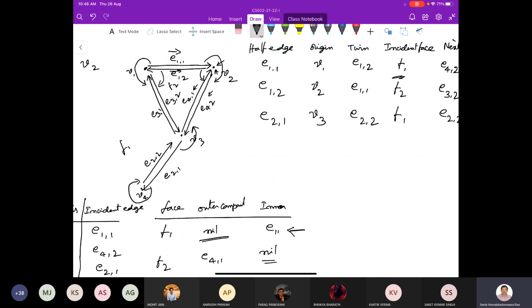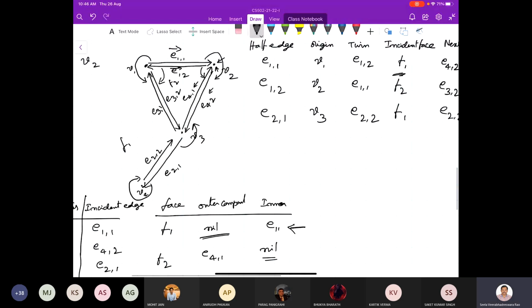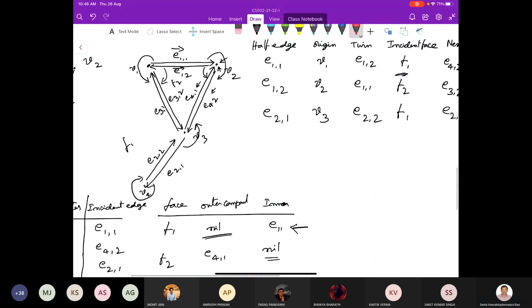There's no outer component, that means it is the open region. Only one hole is there, the inner component, E11. So you go to the E11 edge record, output this edge, and output the next one, then the next, and the next.